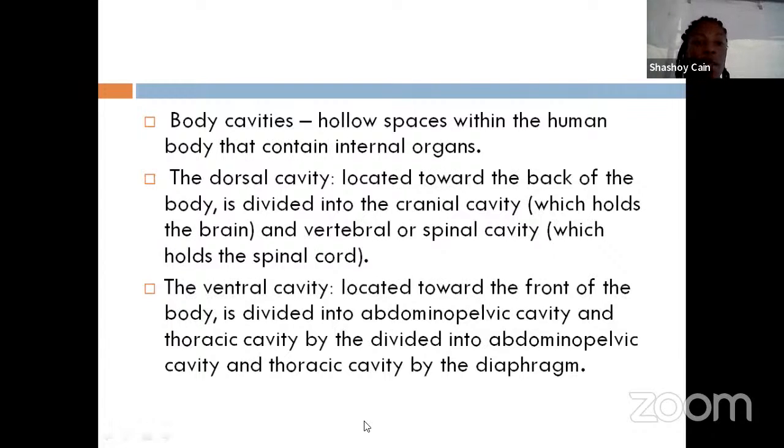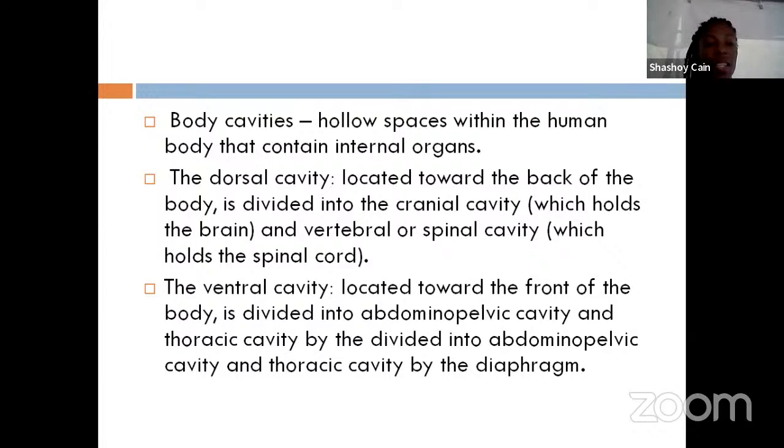So the body cavity is a hollow space within the human body that contains internal organs. The dorsal cavity, located toward the back of the body, is divided into the cranial cavity, which holds the brain, and the vertebral or spinal cavity, which holds the spinal cord.